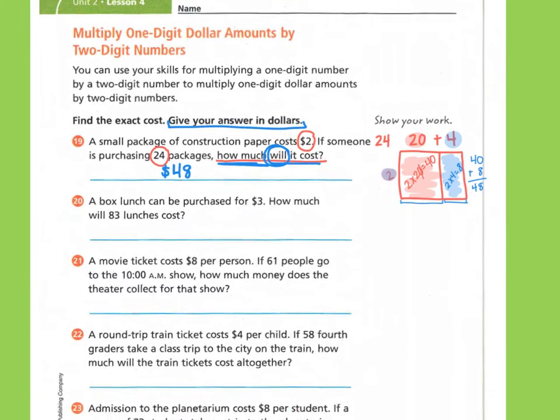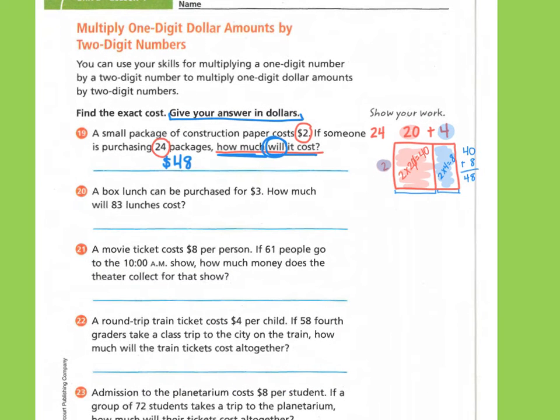Let's try number 20 together. It says a lunchbox can be purchased for $3. How much will 83 lunches cost? That means each of my lunches is $3, and I need to make sure that I'm multiplying 83 times 3.